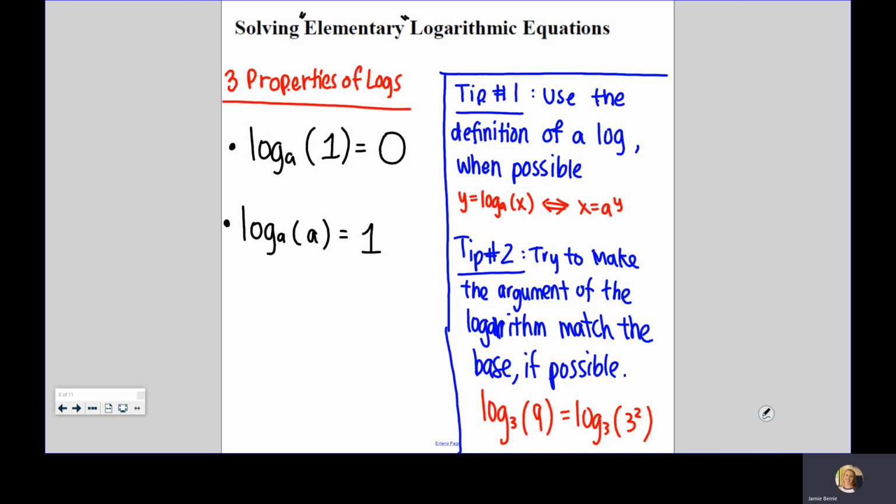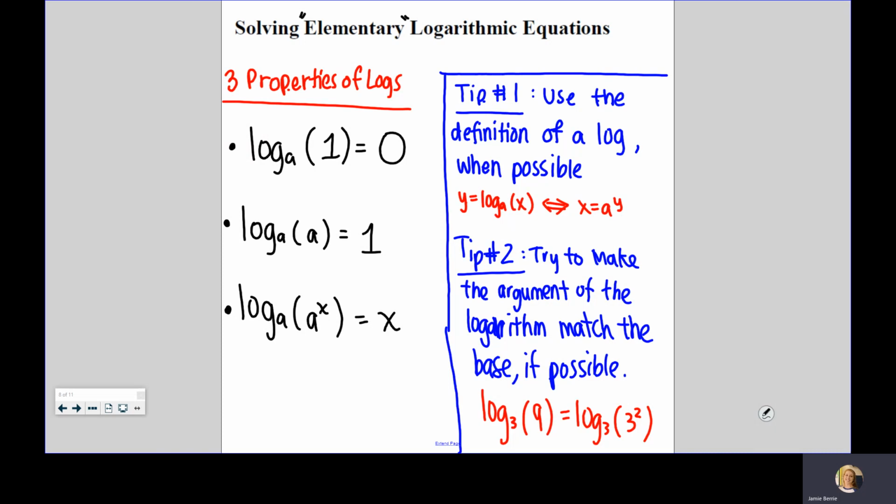That means when the argument, the part inside the parentheses, matches the base, they cancel each other out. Building off of that, if you have log base A of A to some power, we'll call it X, then the argument cancels with the base and you're just left with X, whatever the exponent is.